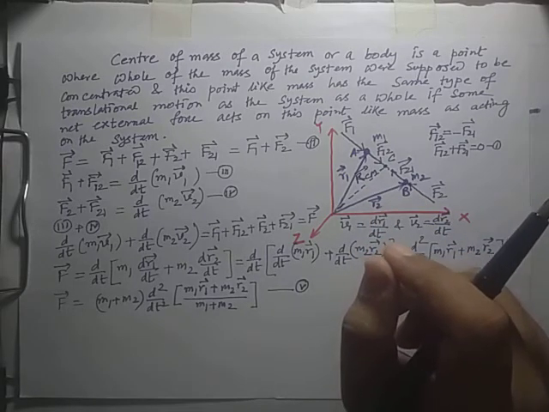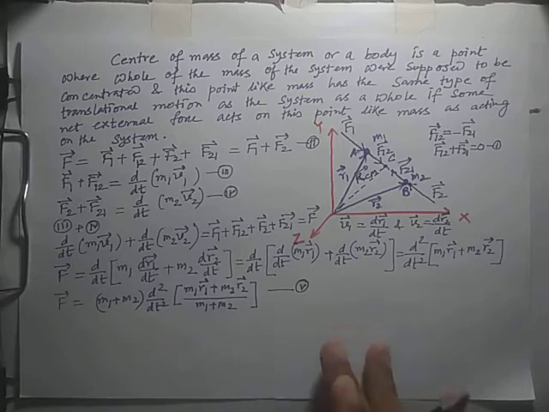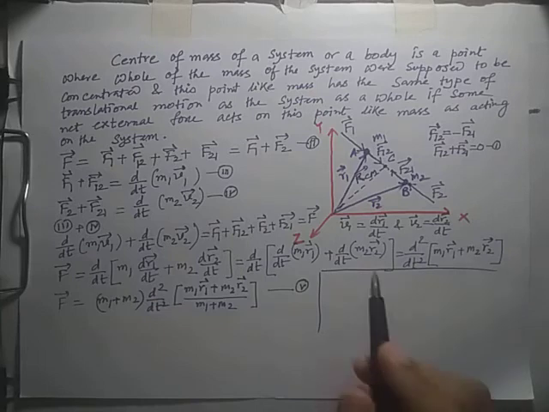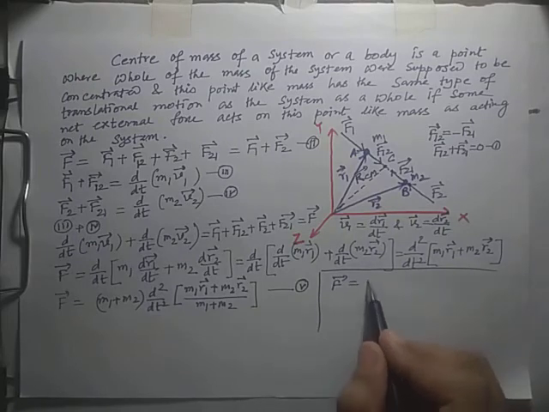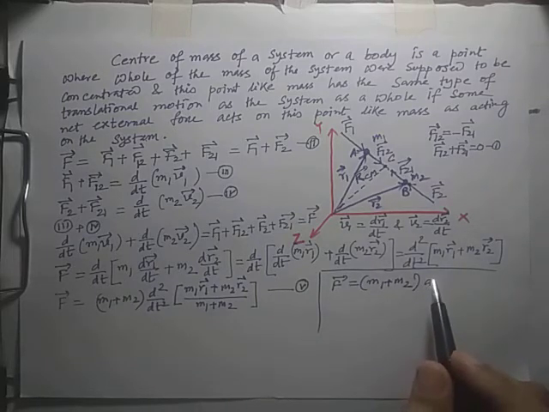Total force is equal to F, m1 plus m2 into A. So if a point of mass m1 plus m2 having the position vector RCM is acted upon by the force F, then the equation of motion can be written as F is equal to m1 plus m2 into A vector.